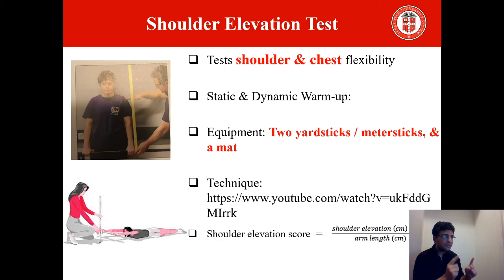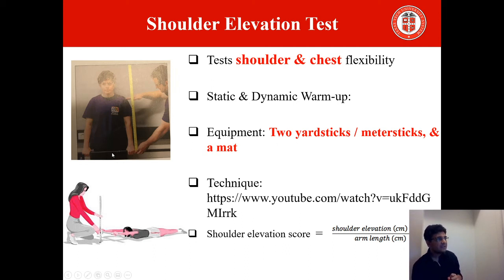I will explain the technique, although it's given in this YouTube video, but there are 2 things to look for. We need 2 lengths. The first picture shows the length which is known as the arm length. As you have seen, we are using 2 meter sticks or 2 yardsticks.